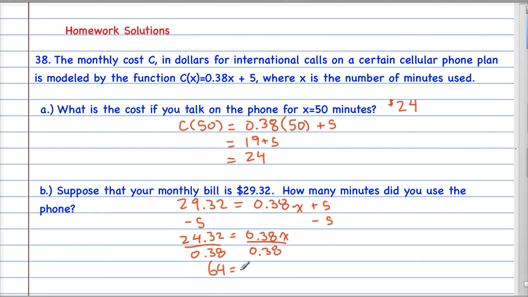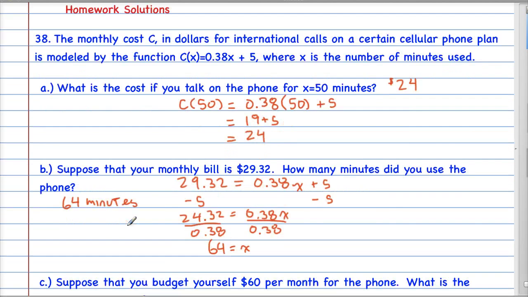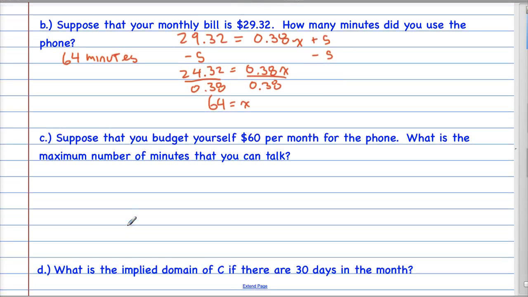So 64 equals x. So how many minutes did you use the phone? Your answer to that question is 64 minutes. Okay, so always make sure you're answering the question. If I were to ask something like this on a test, I wouldn't want just x equals 64. I would want the answer to the question, which is 64 minutes. So you have to interpret what you have.